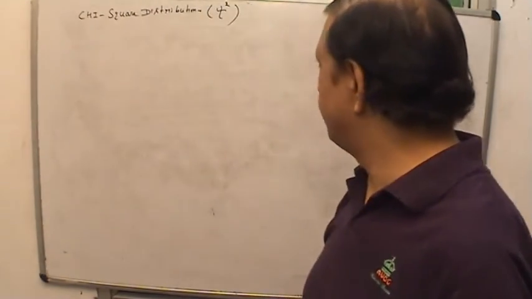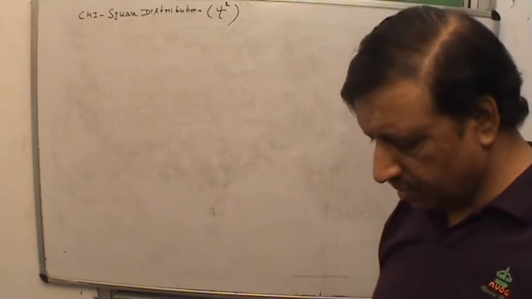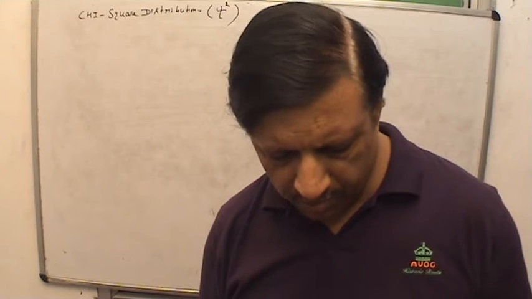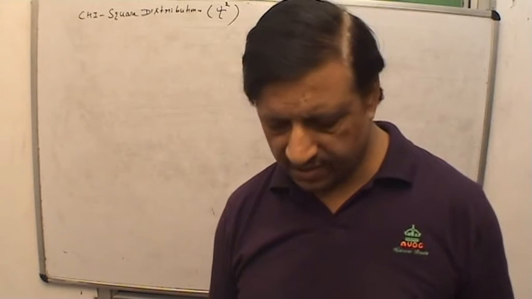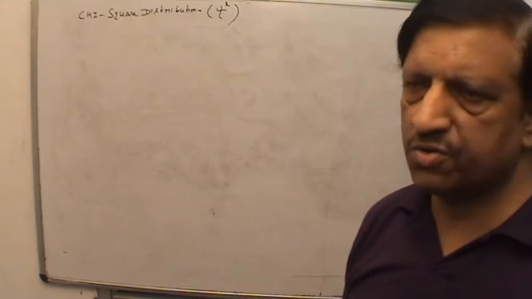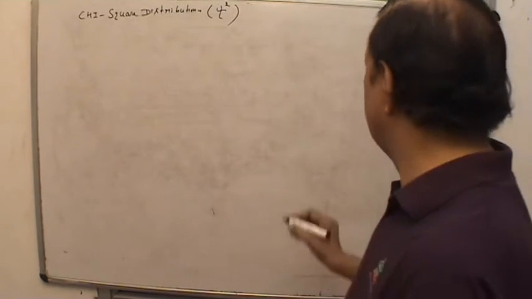When the sample size is very large, the probability distribution of the chi-square we can closely approximate by a continuous curve. That is called the chi-square curve.